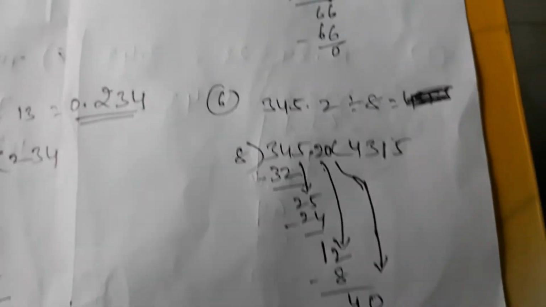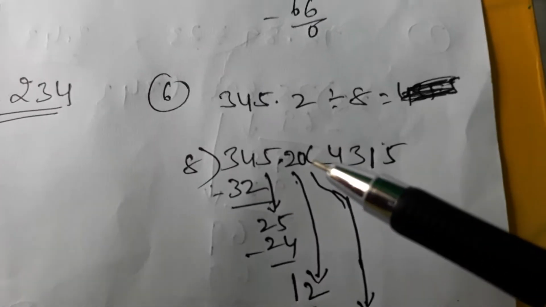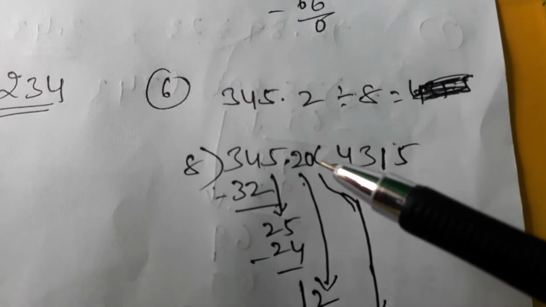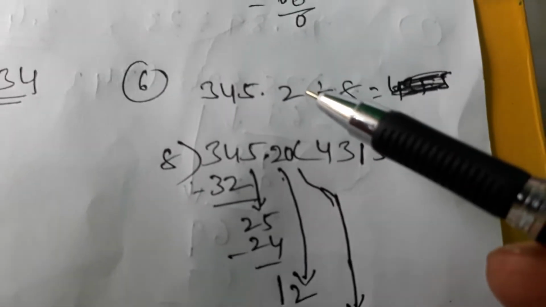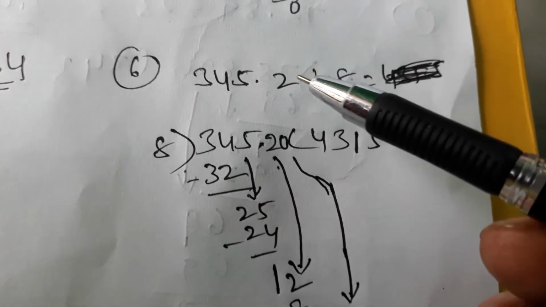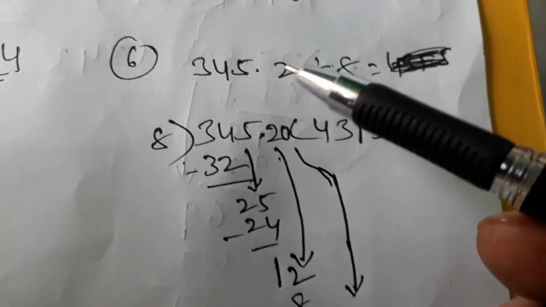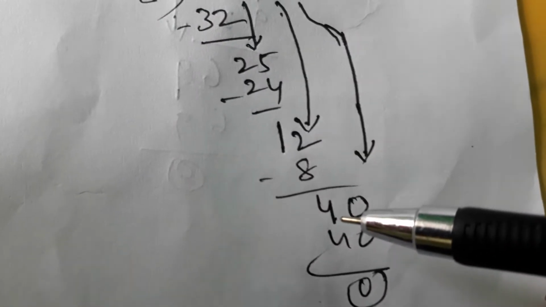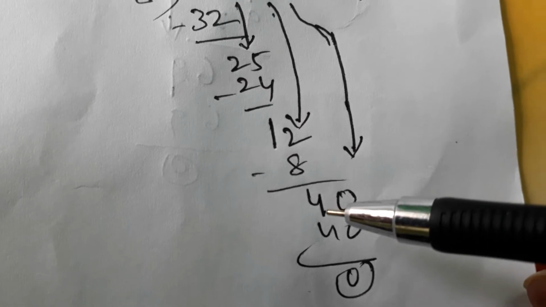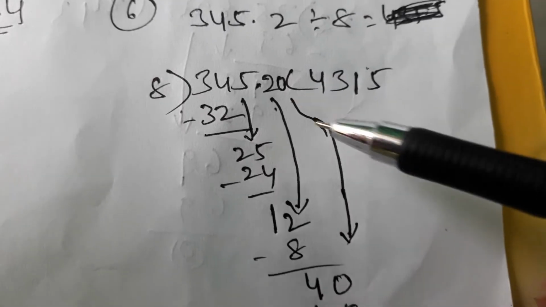In case you need it, we can take some zeros at the end of the decimals. For example, here 0.2 is there. When you are dividing, you get remainder 4, not remainder 0. So you take one more 0 and take it down.